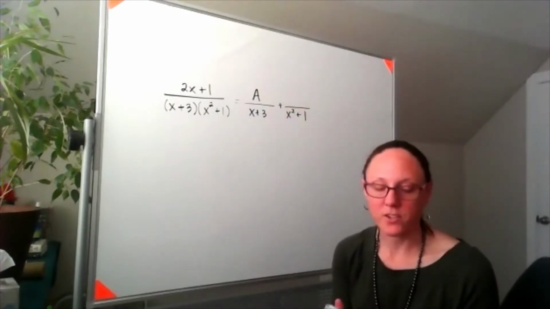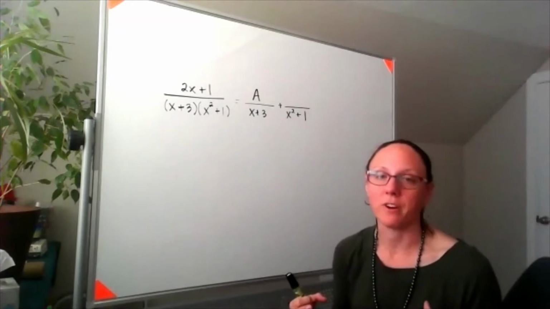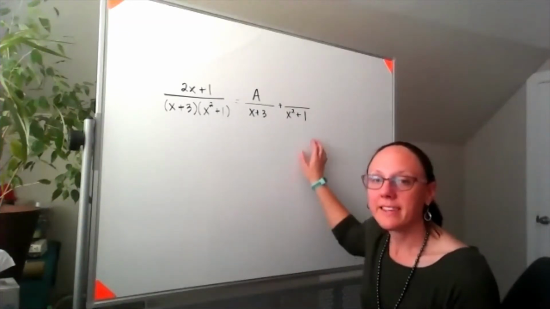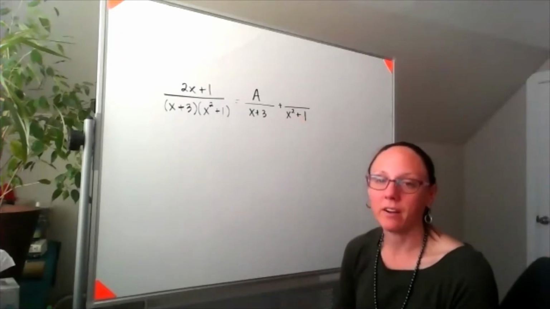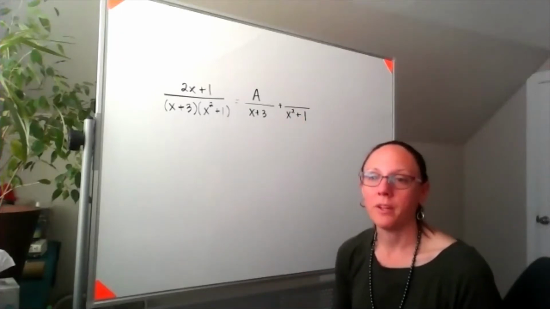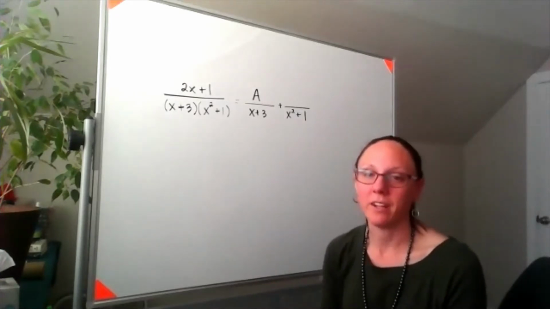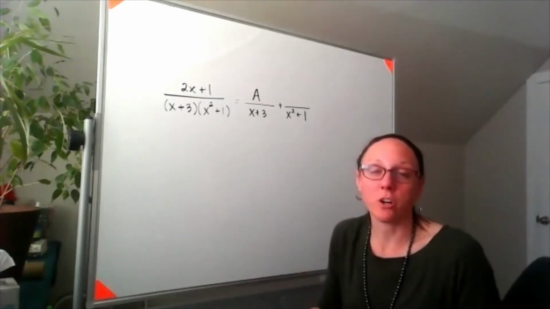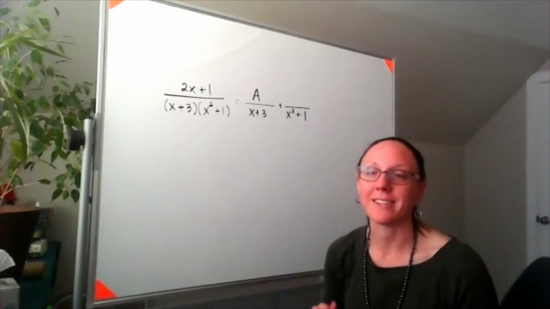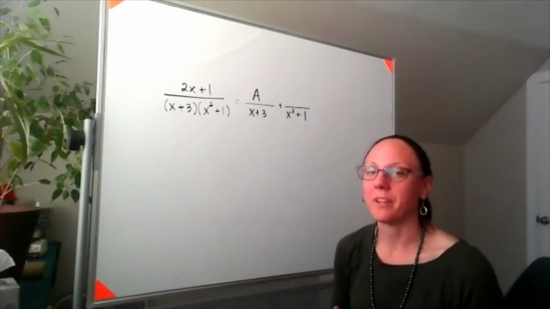Because that x squared plus 1 doesn't factor anymore, it's called an irreducible quadratic. This has a power of x squared, which means what goes on top needs to have a power that's less than x squared. And the most generic term that I can put on top with a power that's less than x squared would be a linear term.